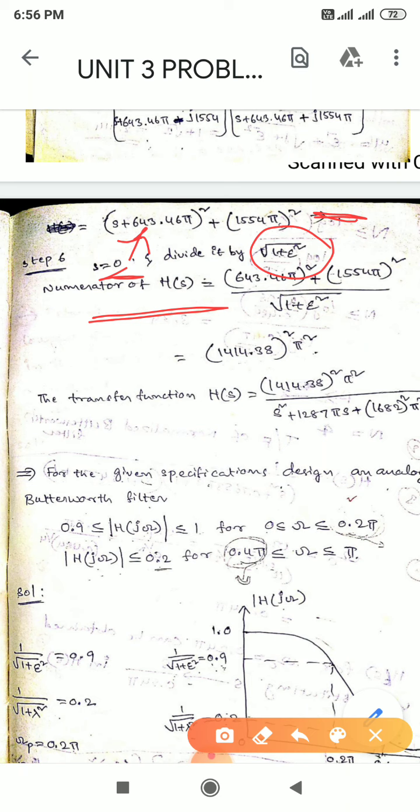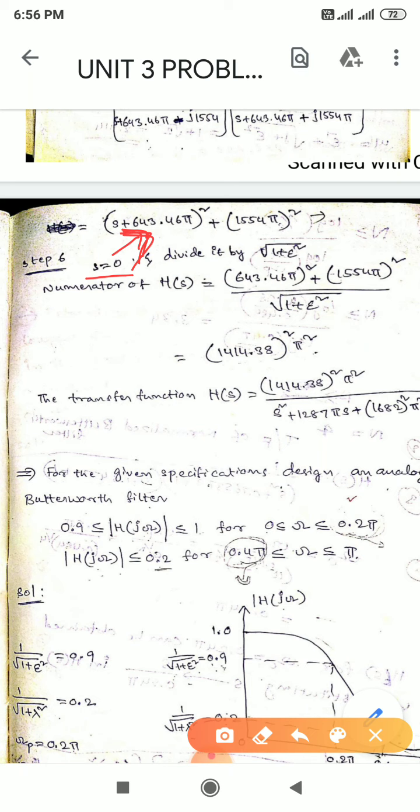Square root of 1 plus epsilon square. Here we are substituting s is equal to 0 in the denominator polynomial of H of s. What does the above equation indicate? The denominator polynomial of H of s. We are substituting s equal to 0 in this equation, which means 643.46 pi whole square plus 1554 pi whole square.